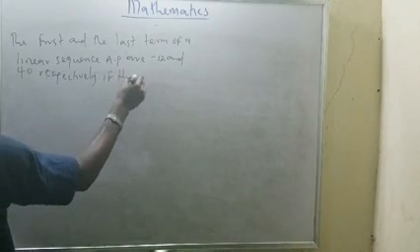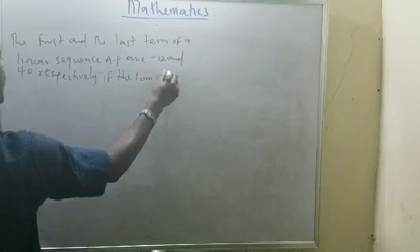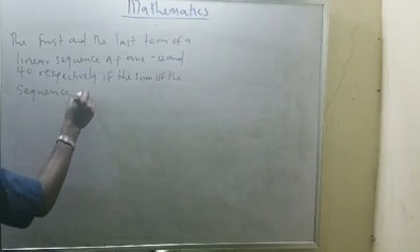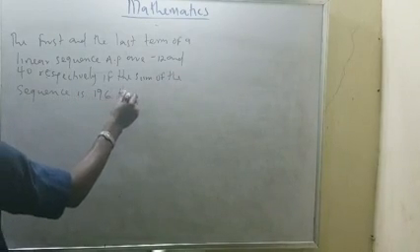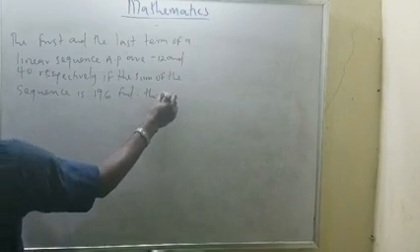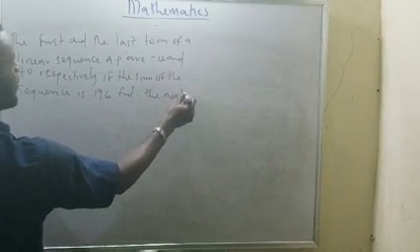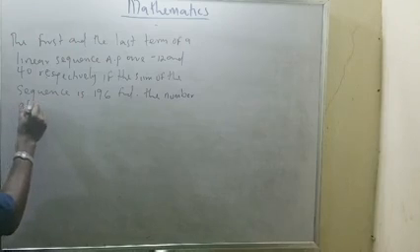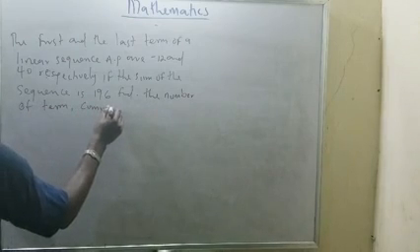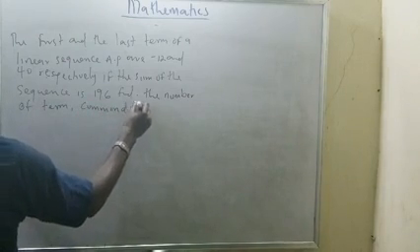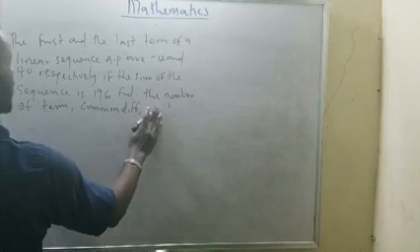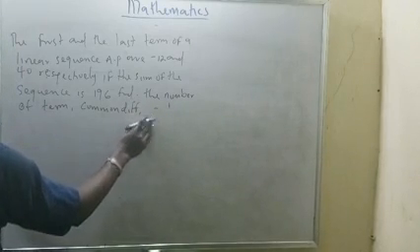If the sum of the sequence is 196, find the number of terms, the common difference, and the second term.